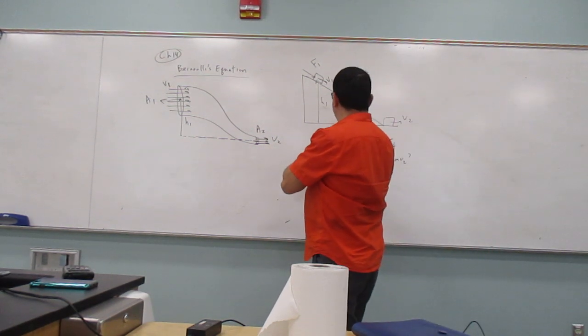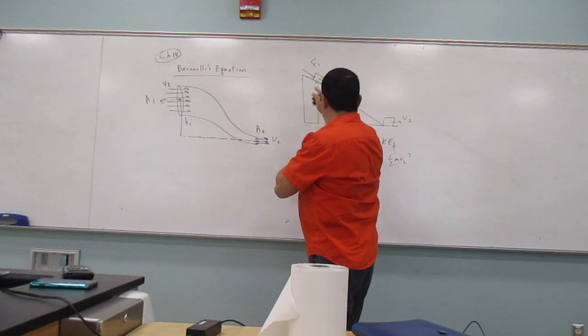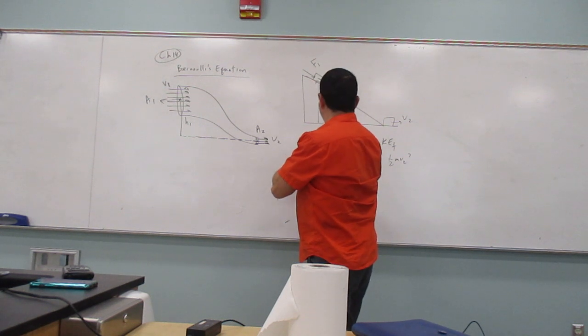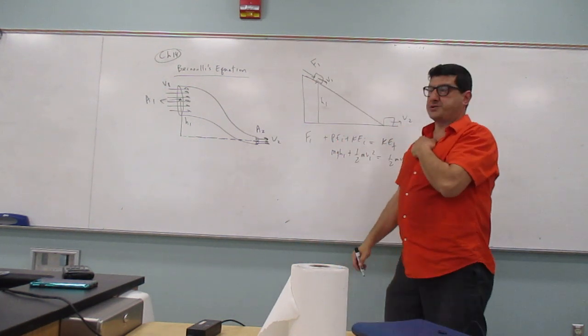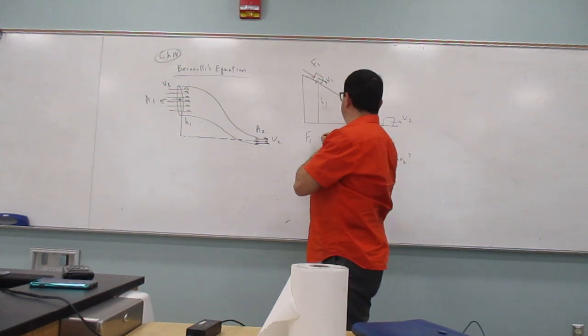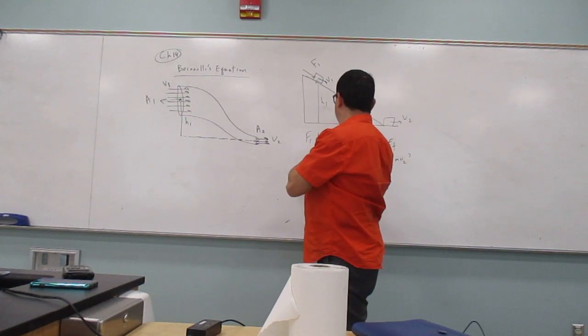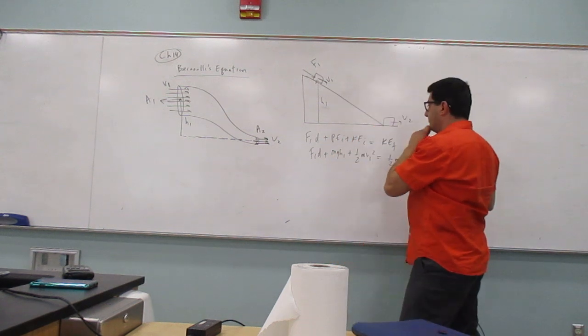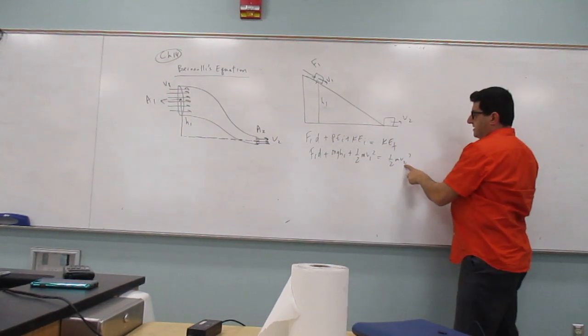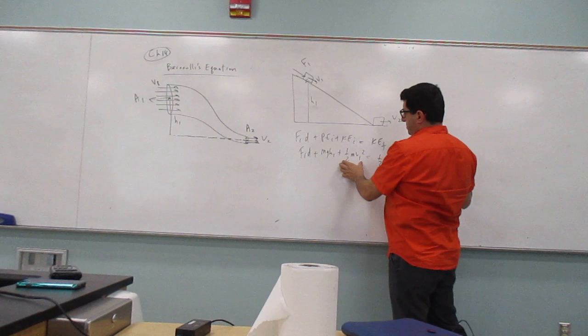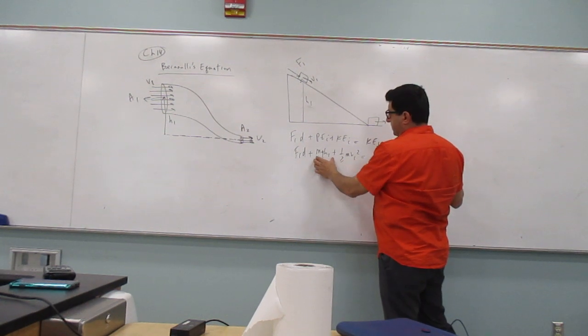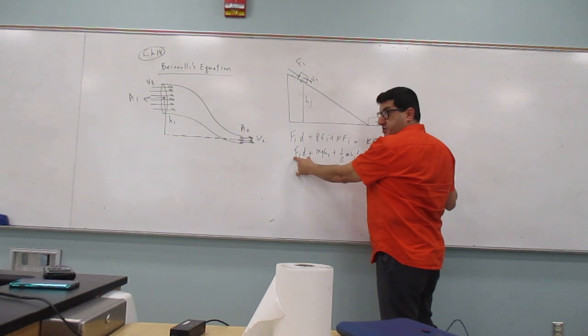So then we can have here F1, the work done by that force, times the distance d. So we have here the final kinetic energy is going to equal the sum of the initial plus the potential plus any work done, external work.